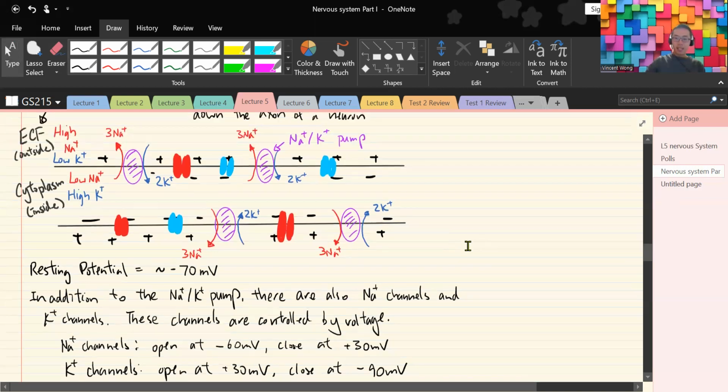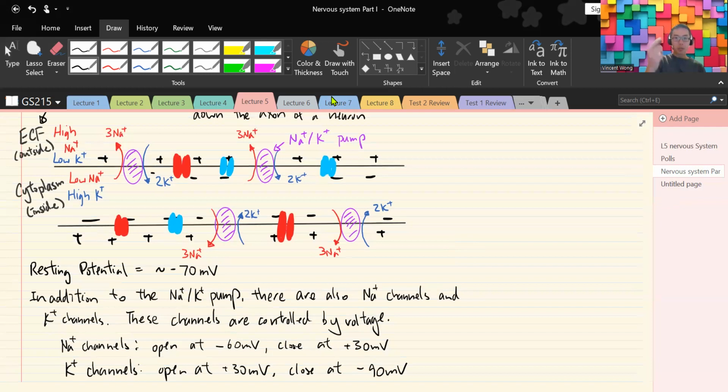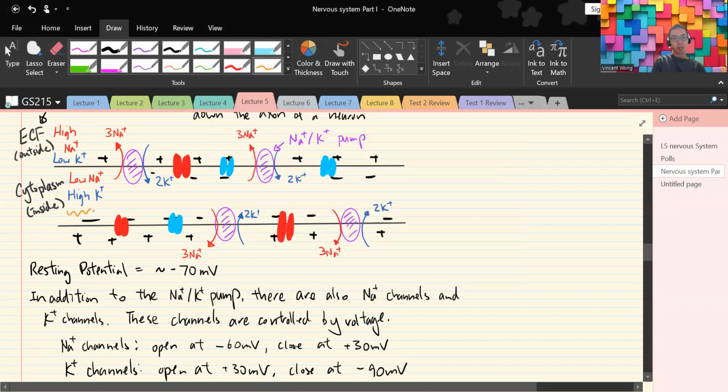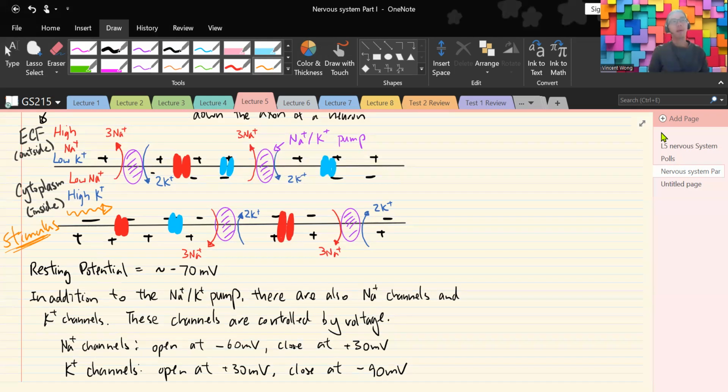Now, how do we get things started? How are we going to trigger the signal? Well, the sensory receptors that we had at the beginning, once they detected a change in the surroundings, will initiate a signal. So there is going to be some kind of stimulus arriving from the cell body, and that will slowly push the membrane potential towards positive.